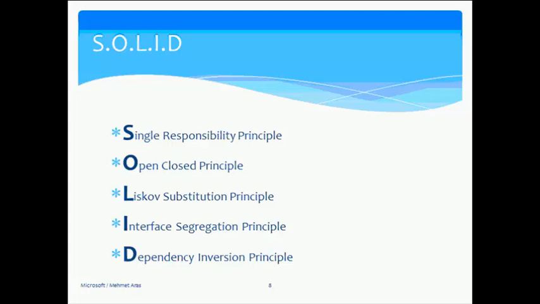Now, if you look at the first letters of these principles, it's going to spell SOLID, and the goal is that you know these principles and apply these principles to have a solid code. Solid in the sense that it's maintainable, it's understandable, it's loosely coupled. The code that actually works with you to actually come up with good solutions, good software designs.